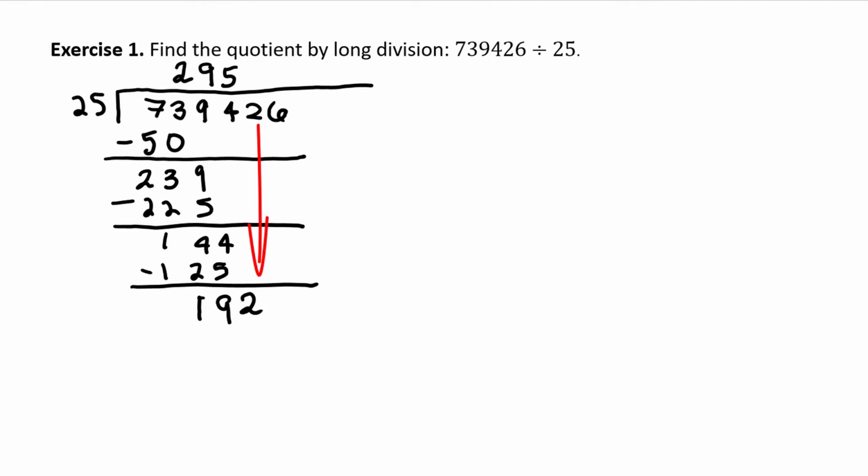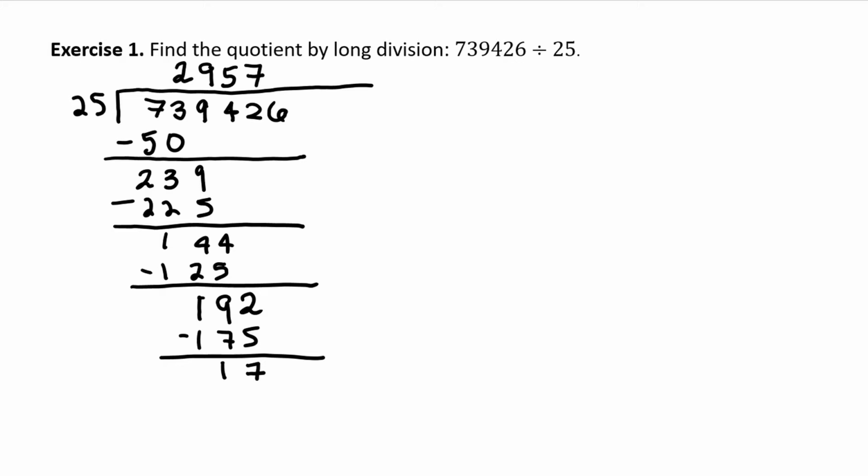How many times does 25 go into 192? It turns out to be 7. And if you have 7 quarters, you have $1.75. So let's subtract that from 192, and that difference is 17.